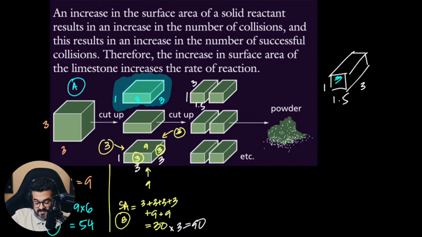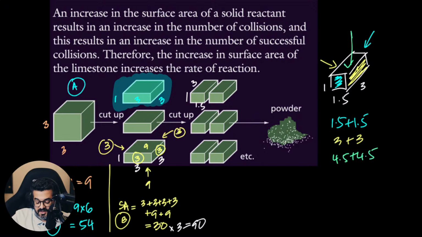So each of these, this back and the front are 1.5, then this side is 3 and 3, the back side right here also. And the top is 1.5 into 3, which is 4.5 plus 4.5. So this is only one of these 6's.